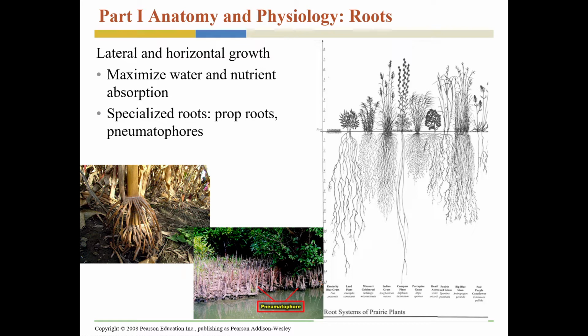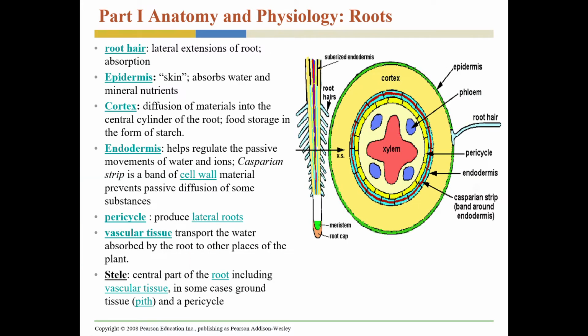They're above water because you need oxygen as a gas absorbed into the roots, which can't happen in the soils in which they grow, because that sandy mud that these grow in is very anoxic, or lacks oxygen, and so they have these pneumatophores in order to absorb the oxygen that they need. Now we'll see this in lab really, as far as all of the different parts of the roots.